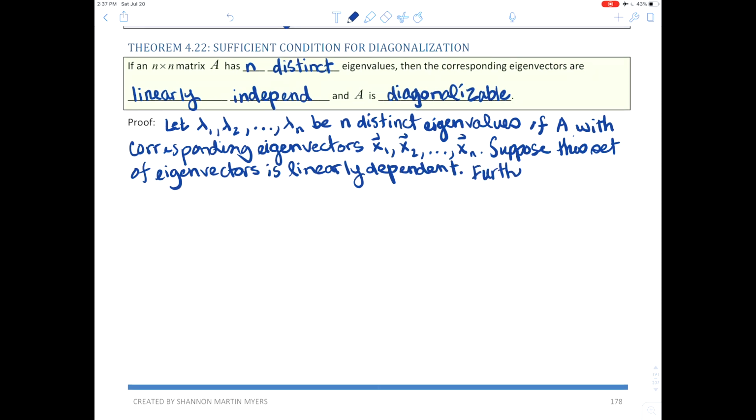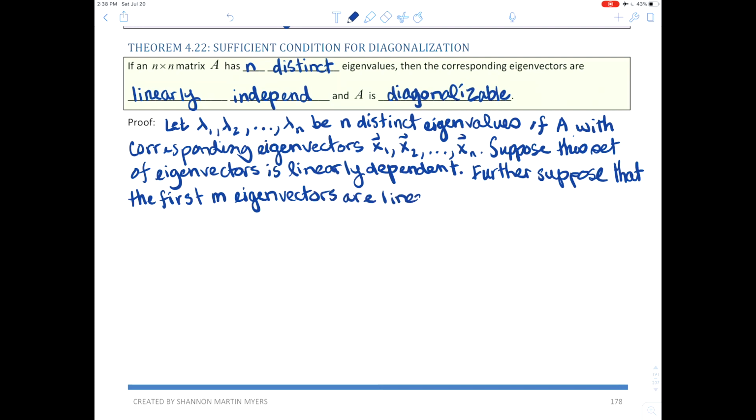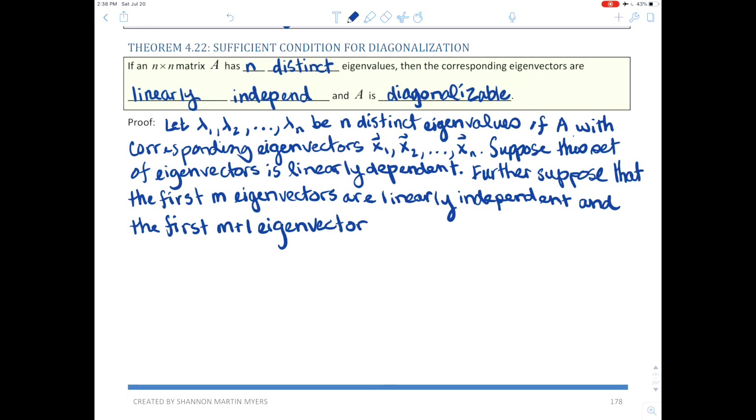Let's also further suppose that the first m eigenvectors are linearly independent and the first m plus 1 eigenvectors are linearly dependent.